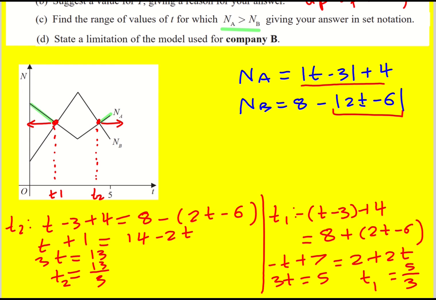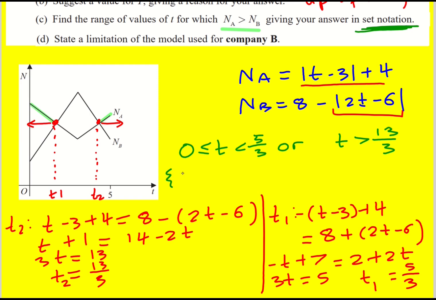Okay, so it's everything lower than t1, although technically it has to be greater than 0. The answers don't quote that, but I would say that 0 is less than or equal to t, which is less than 5 over 3, or t is greater than 13 over 3. Now it does ask for set notation. I always write it like this first, and then I'm going to go with set notation.